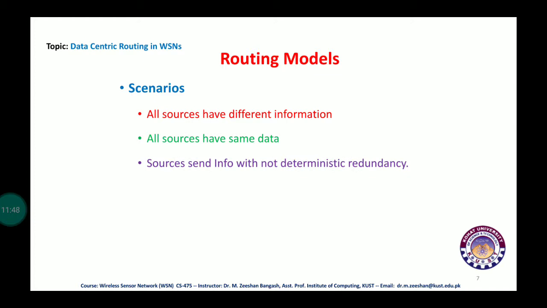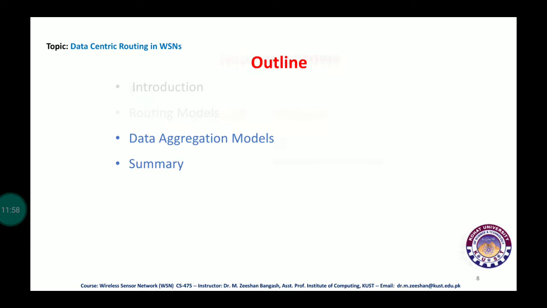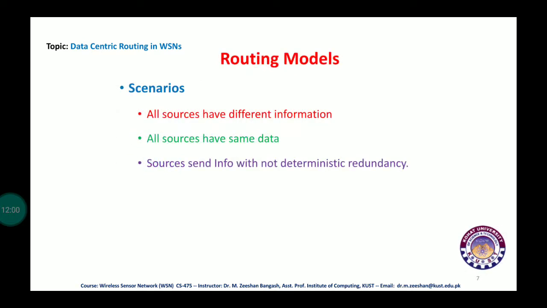And the third scenario is that the sources send information with non-deterministic redundancy. So these are some of the scenarios for a routing model that need to be considered.